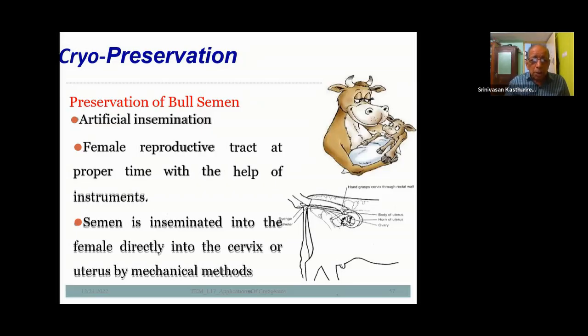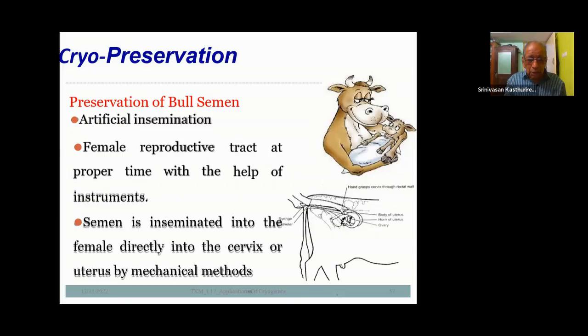So one normally uses artificial insemination. That is, artificially inseminate a cow or other female with bull semen. You inject into the female reproductive tract at the appropriate time with the help of instruments, and semen is inseminated directly into the cervix or uterus by mechanical methods.